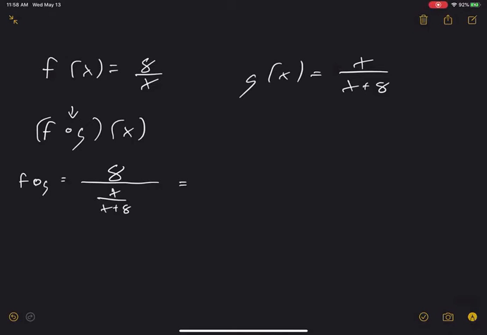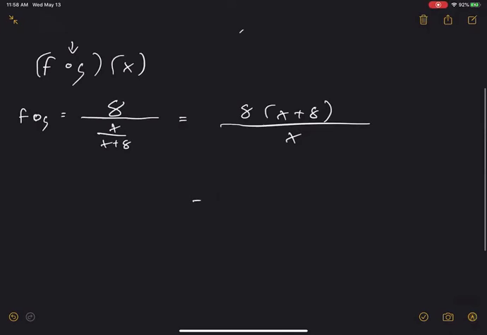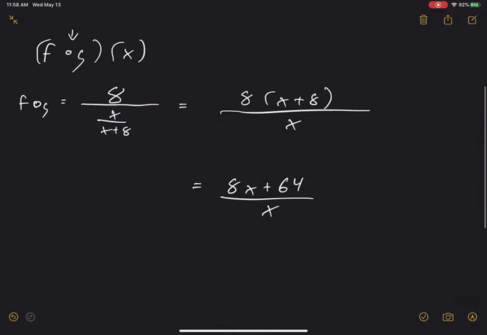8 over x plus 8, that's equal to 8 times x plus 8 over x, which equals 8x plus 64 over x.